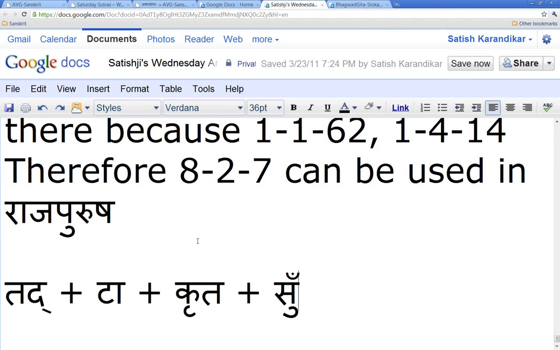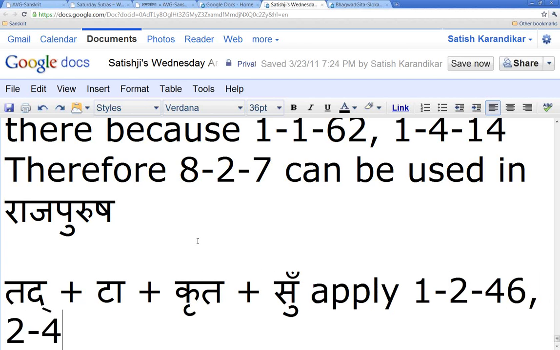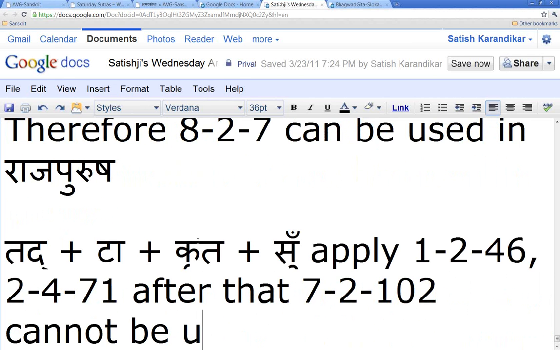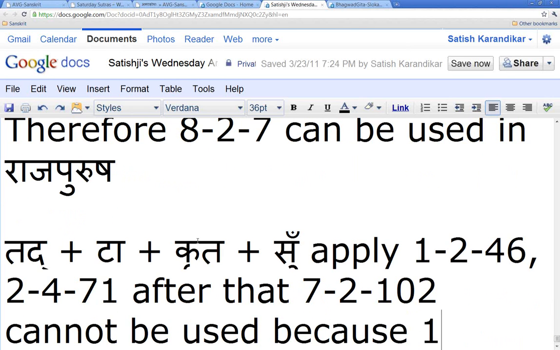So now we apply our usual krita samasascha supo dhatu pradipadikayoho, and after that this 72102 tadadina maha cannot be used because of nalumatangasya.